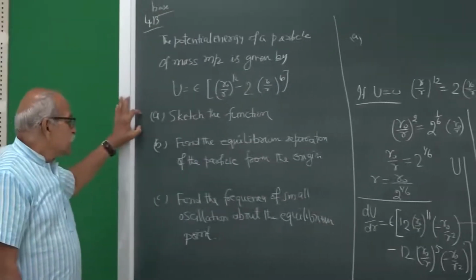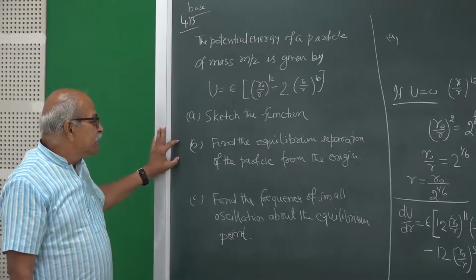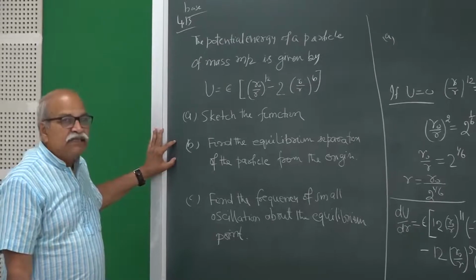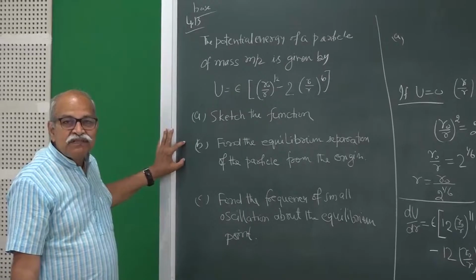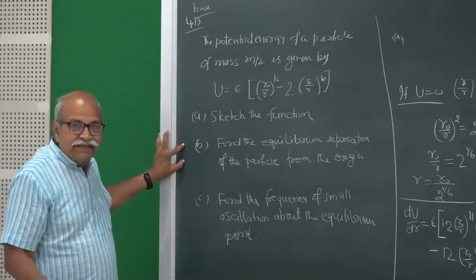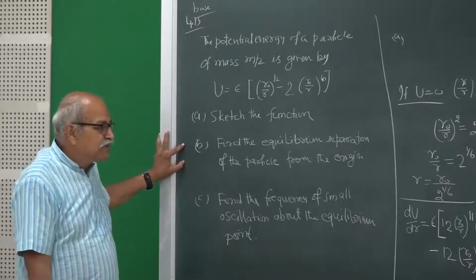So, that is the A part. B part, find the equilibrium separation of the particle from the origin. So, equilibrium position means the force is 0, it stays there, that is the equilibrium position.